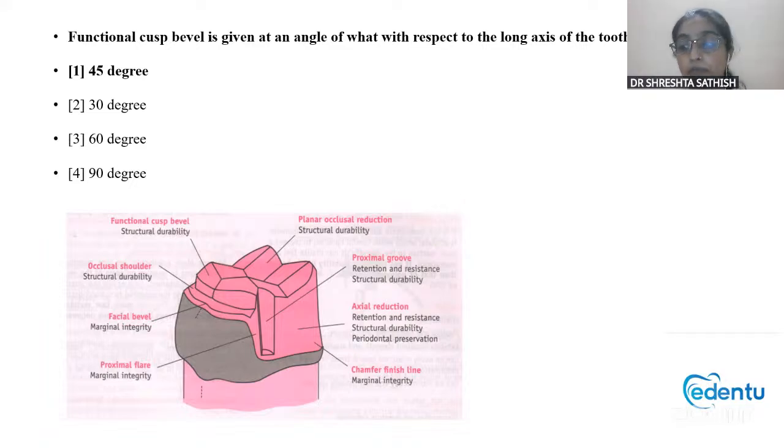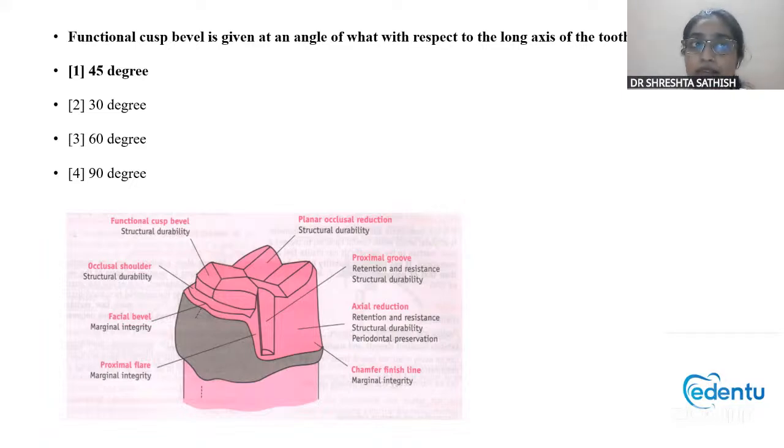You have marginal structural durability, marginal integrity, resistance, and retention form. So these are your principles of tooth preparation. In that, in structural durability, first thing you have to do is your functional cusp bevel.